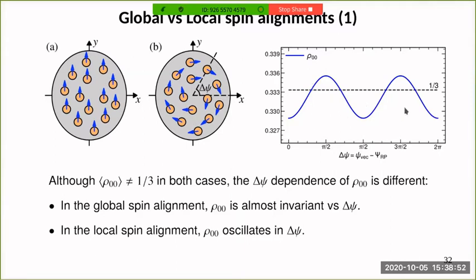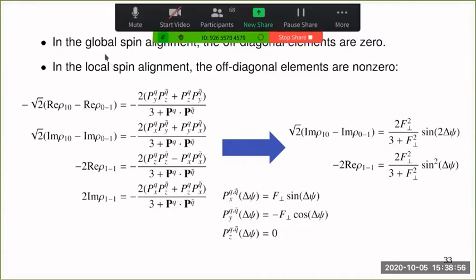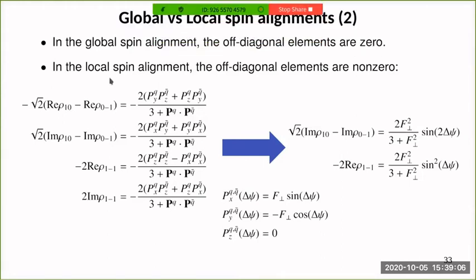And the second difference is that in the global spin alignment, the off-diagonal elements are 0. However, in the local spin alignment, the off-diagonal elements are non-zero because there are Px and also Pz components.